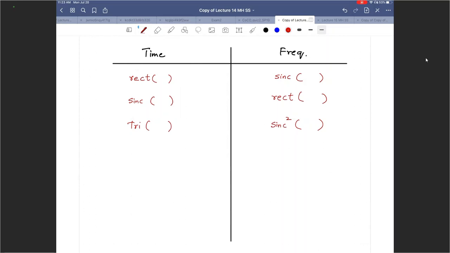And this is right because sinc squared is multiplication of two sincs, which means in the time domain it's going to be a convolution of two rectangles.